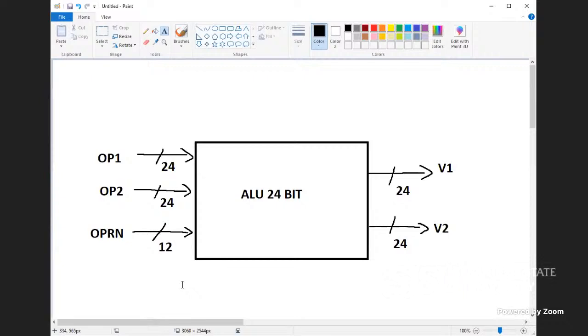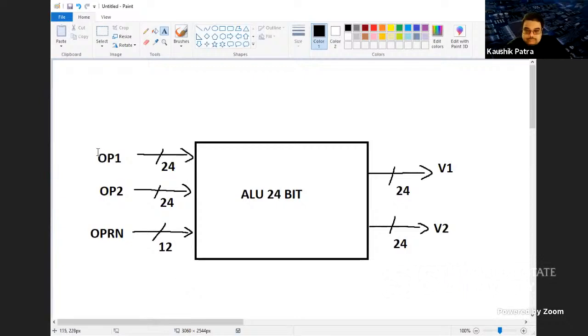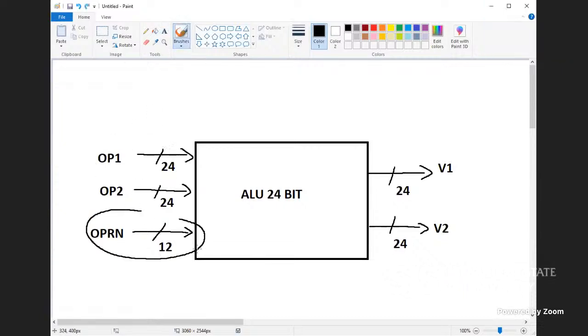I don't expect anything like a Da Vinci standard or Van Gogh standard art. So it's a 24-bit ALU, and there's two operands that go into it, and there's an OPRN with 12 different operations. So if I do recall, that should have 12 bits going in. And I think operand 1 and 2 also have 24 bits because the width of the ALU is 24.